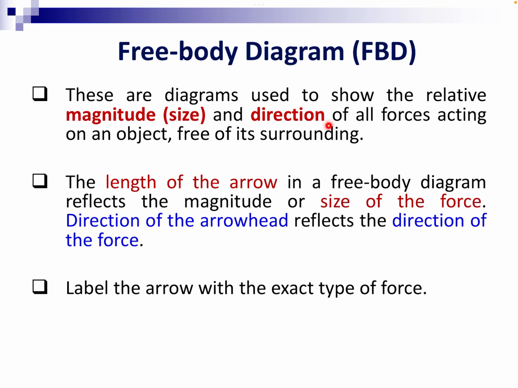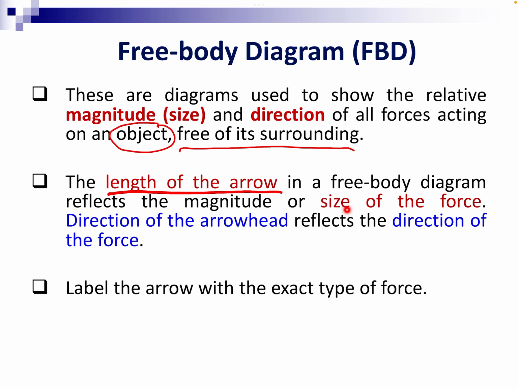Free body diagrams are used to show the relative magnitude and direction of all the forces acting on an object, free of its surroundings, meaning we are just looking at an object and identifying what are the different forces acting on this object and drawing them in a free body diagram. Okay, so force is a vector quantity, so we use arrows to represent the force.